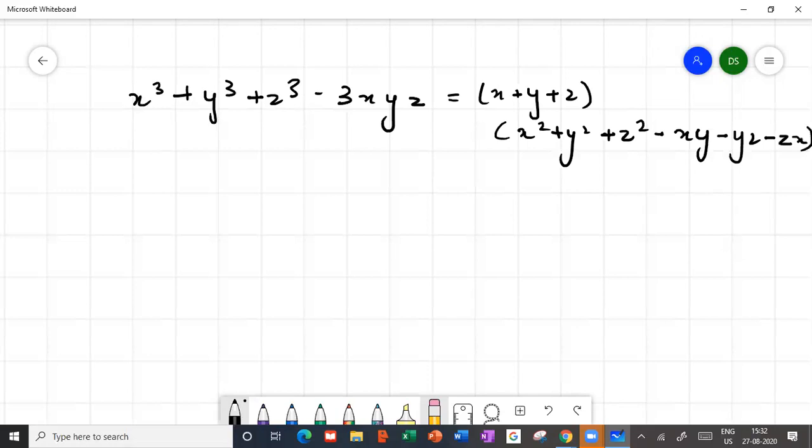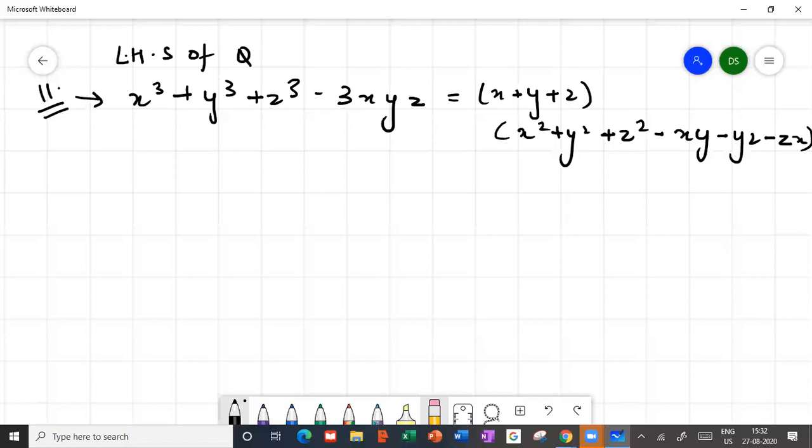Okay, so this is the identity. This is the LHS of the question, correct? The 11th one, correct? So now we'll work with this identity. We'll work with the LHS and arrive at the RHS.